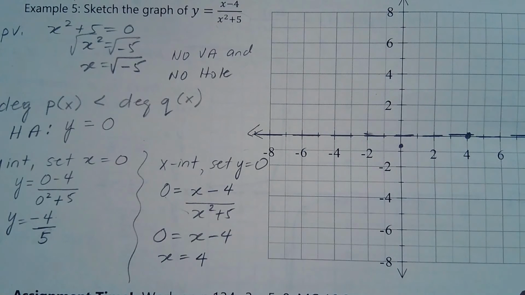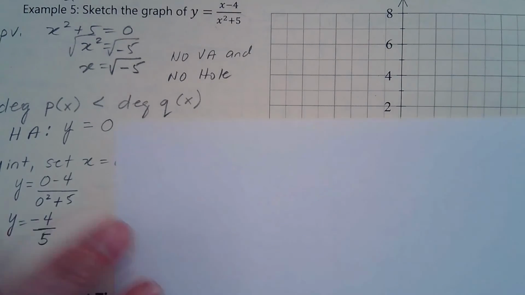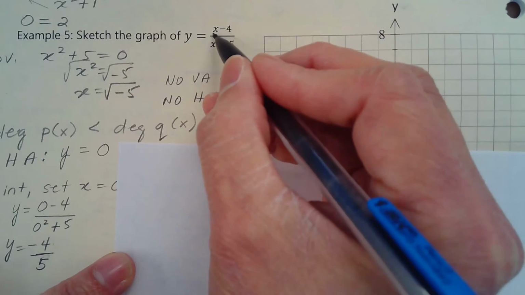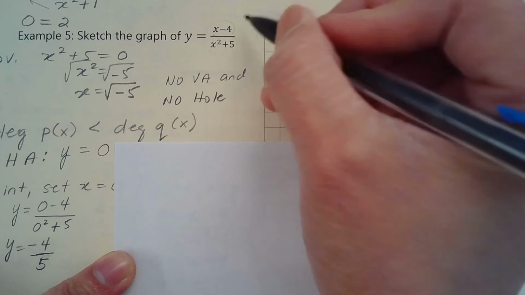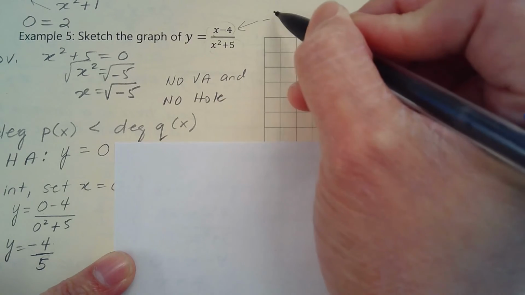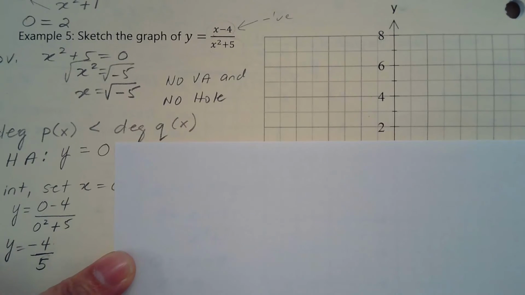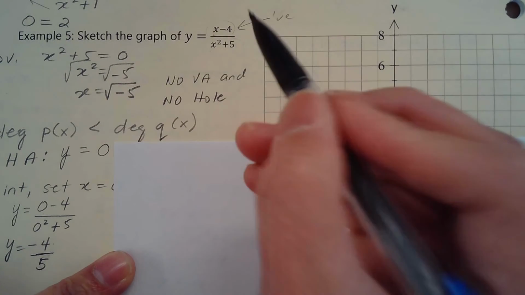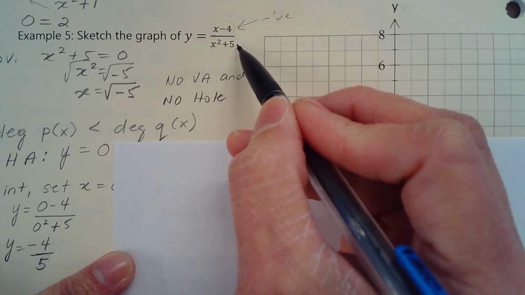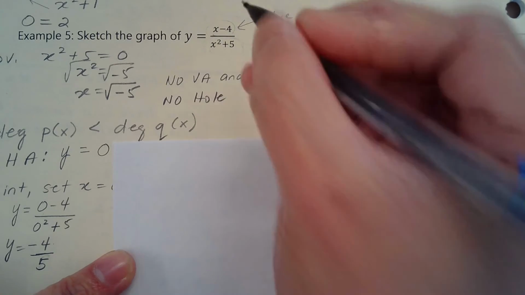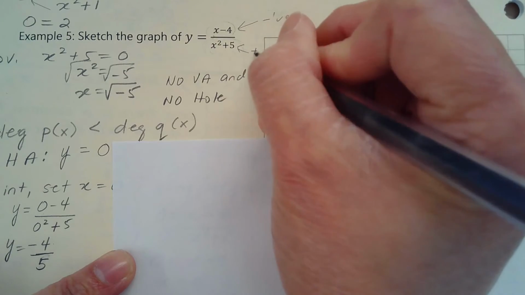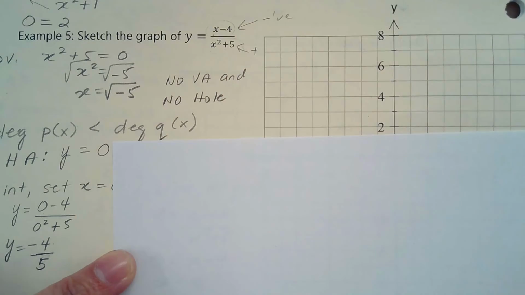Okay, so if we keep picking a negative value, then the numerator will be negative, yeah? And the denominator will be positive, because of the x squared.